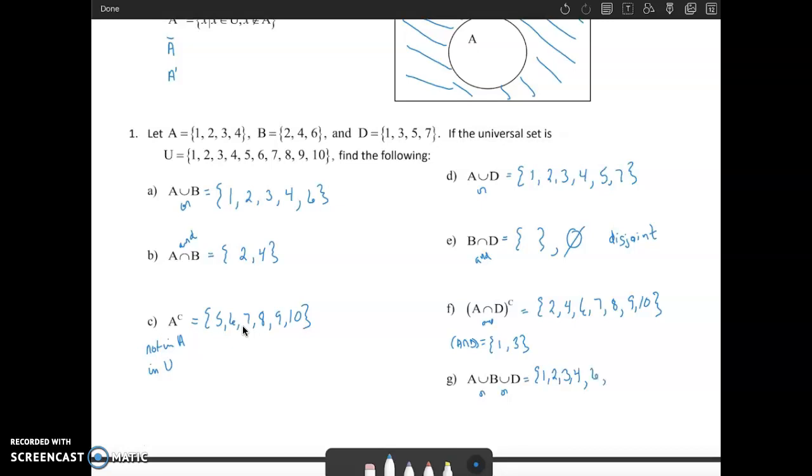And then anything that's in D that I haven't said yet. So I've already said 1. I've already said 3. I haven't said 5 yet. And I haven't said 7 yet. So add those in there. So it looks like A union B union D is the set 1, 2, 3, 4, 6, 5, and 7. And again, remember, ordering doesn't matter. So the fact that those last few are kind of out of numerical order is just fine.